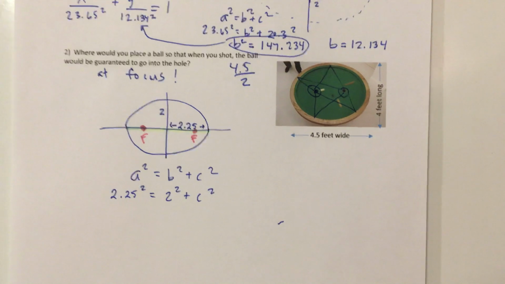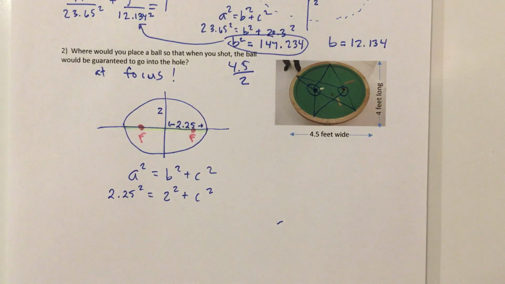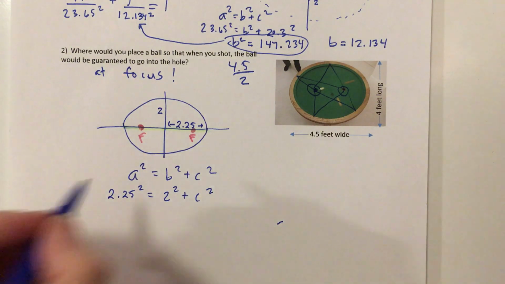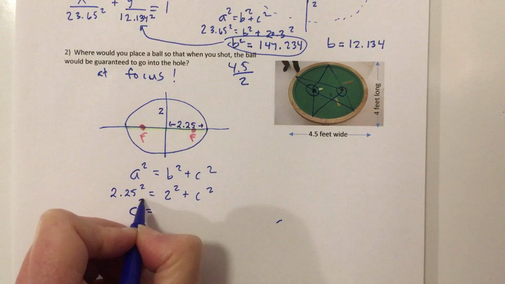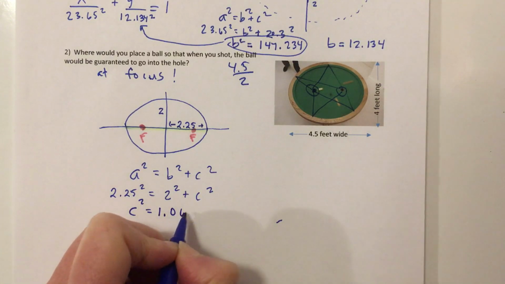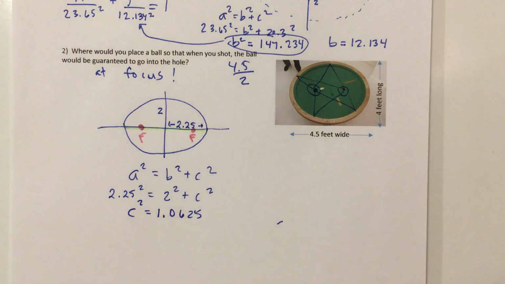So if you pick up your calculator and do 2.25 squared, and then you subtract 4, you get that c squared equals 1.0625. Square root that, and you get 1.03.